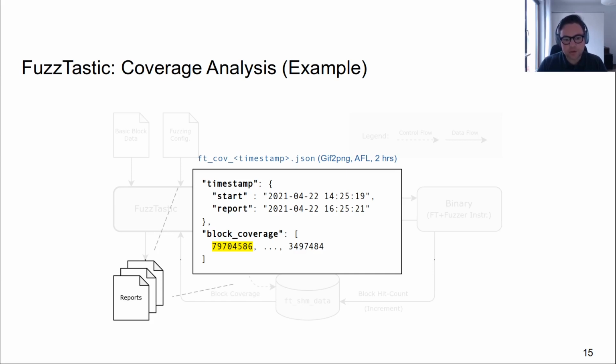In this example here, we are fuzzing GIF to PNG with the AFL fuzzer for 2 hours, and the corresponding block coverage is also shown down there in the listing. This is a list where the indices correspond to the respective basic block IDs. So the index 0, for example, corresponds to the basic block with the ID 0. In this example, the very first basic block has been executed almost 80 million times, which is quite a lot.